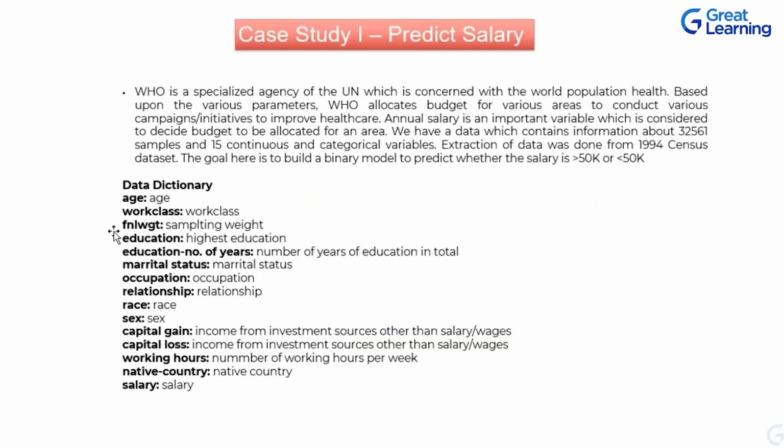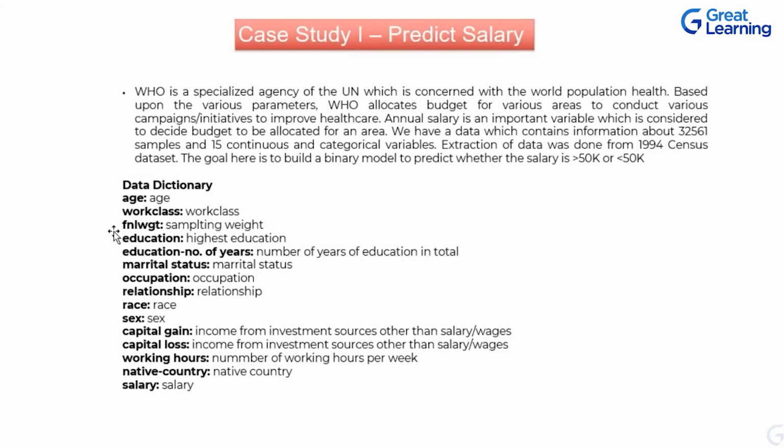For this data set, which has variables like age, work class, sampling weight, education number of years, marital status, occupation, relationship, race, sex, capital gain, loss, working hours, native country, and salary, I have created an HTML page to collect the user input for all the independent variables.